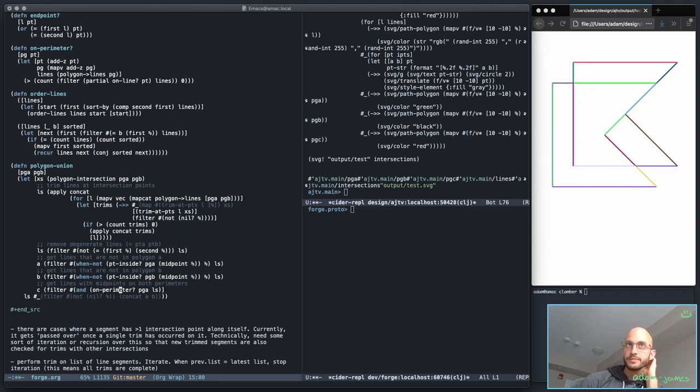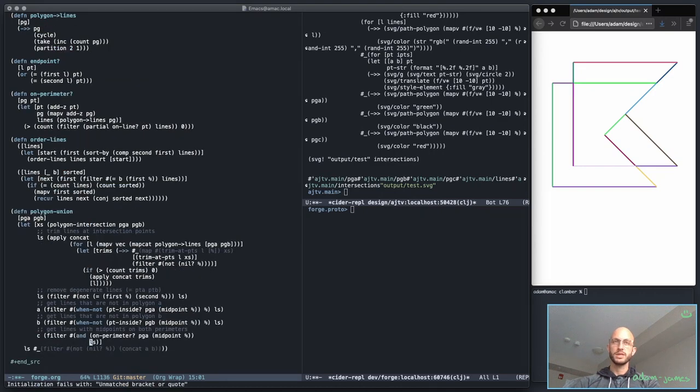Okay. And on perimeter, PGA, midpoint of the line. Yes, that makes sense. And on perimeter, PGB, midpoint of the same line. That's the predicate, and I'm filtering the list.